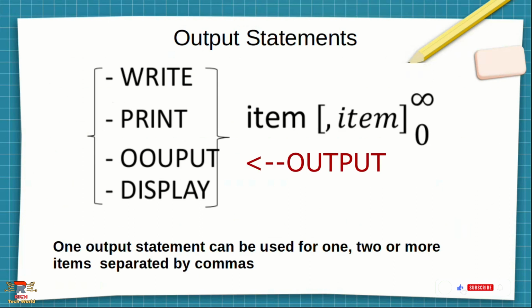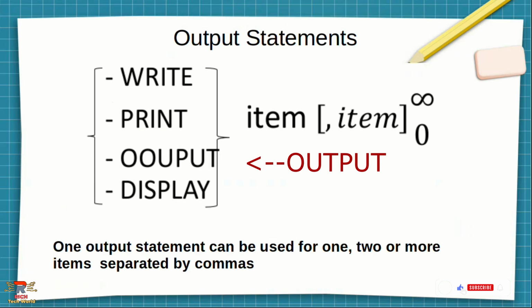Unlike the input statements, where we made mention of input, read, accept, and get, with the output statements in structured programming or writing pseudocode, you can use the words write, print, output, display. Then you just add the item you want to display attached to it.